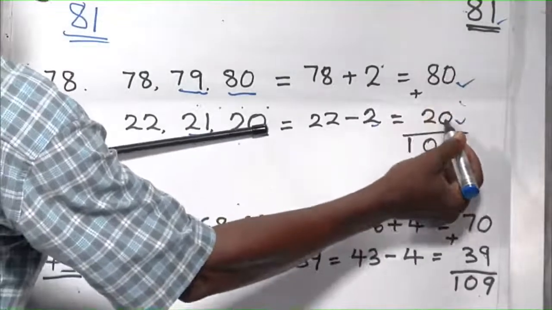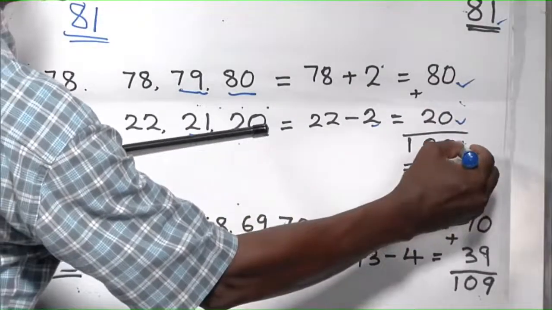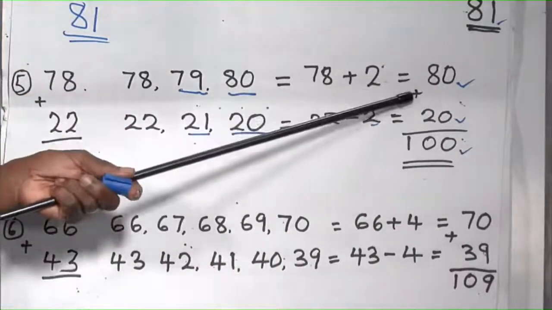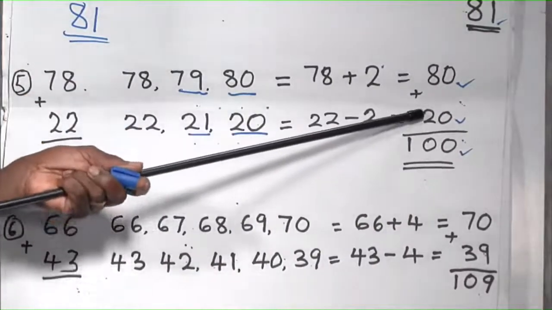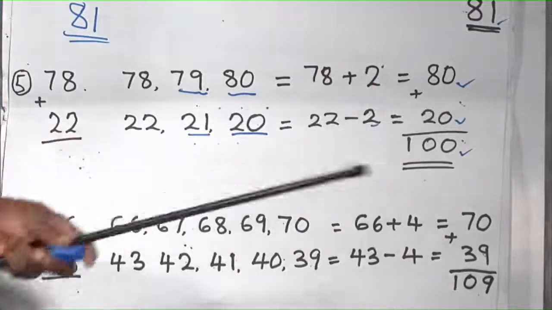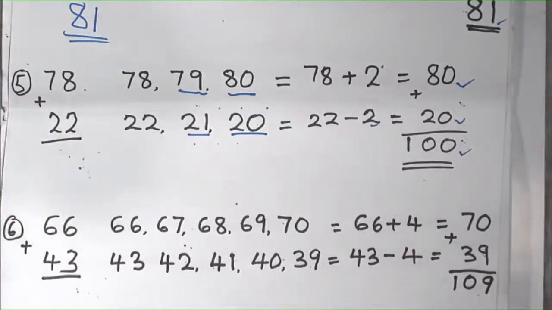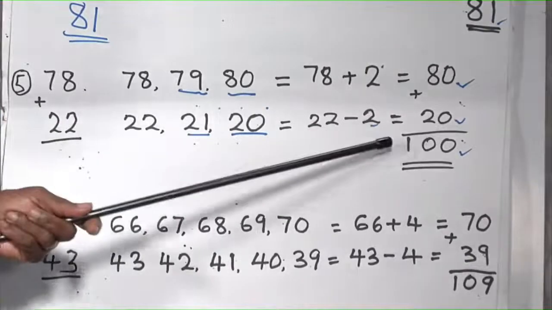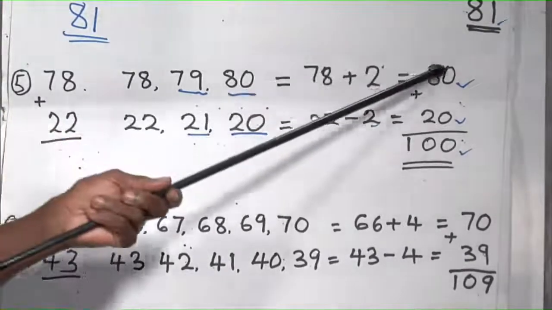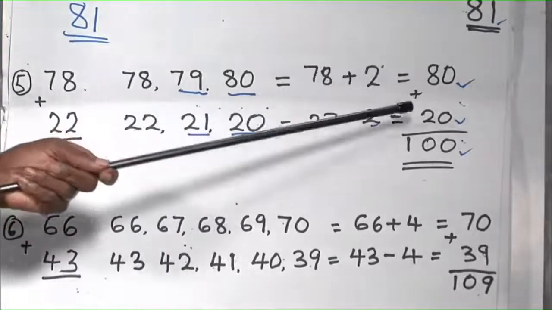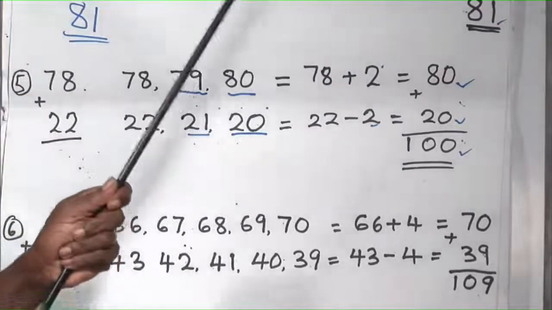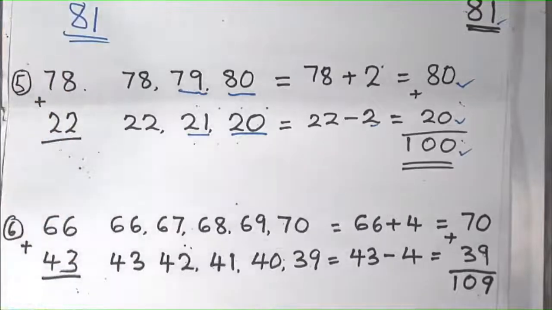0 plus 0 will give us 0. 8 plus 2 will give us 10. So 80 plus 20 will give us 100.